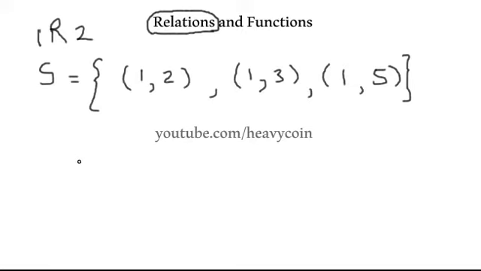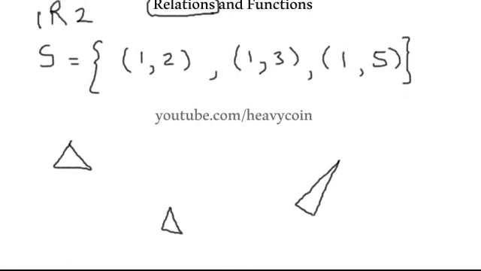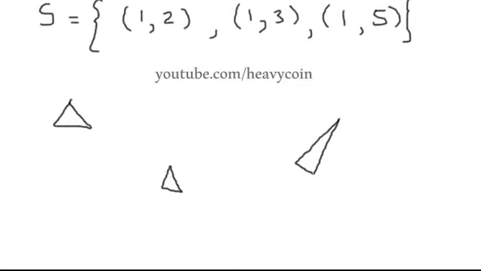But take for example, on my treasure map, let's say I have an object that has 3 sides, and another object that also has 3 sides. In other words, these are all triangles. These are all different triangles, but they all have 3 sides.